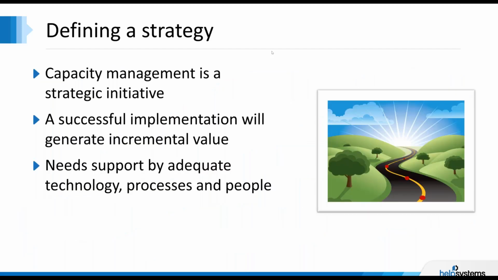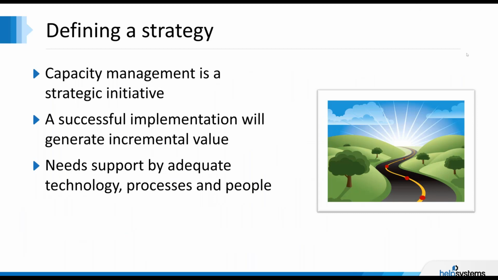Defining a strategy. So capacity management is a strategic initiative. It's a process, it involves a product, and it involves people. So it's important to have a defined strategic initiative of what are the early wins that we need to get out of this, and what is the long-term strategy to implement this process and define how we're having success with it.